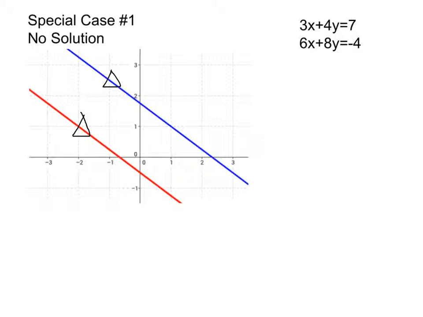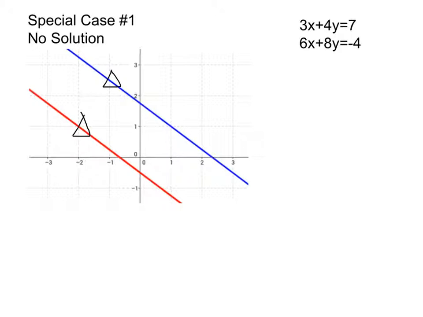Now, what would this look like algebraically? Well, if I take my equations over here, 3x plus 4y equals 7 and 6x plus 8y equals negative 4, and I want to solve this system, I can use either elimination or substitution if I don't have a graph or I want to use some other method just to see what happens.